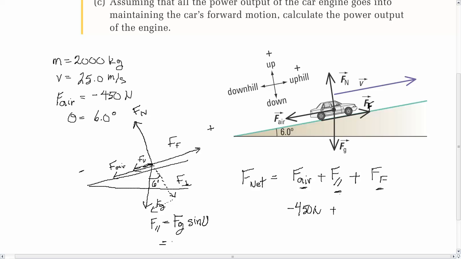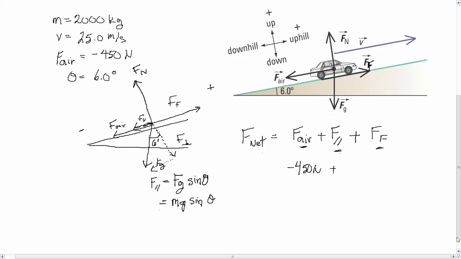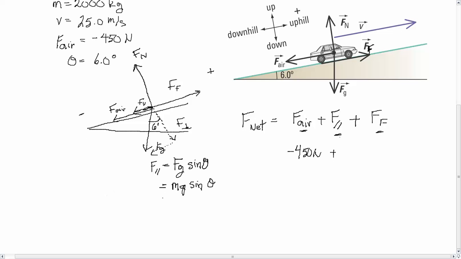We can calculate the force of gravity by using the mass times the acceleration due to gravity, again, times the sine of our angle theta. Let's substitute in our values: 2,000 kilograms times our acceleration due to gravity, 9.81 meters per second squared, times the sine of our angle, which is 6 degrees.